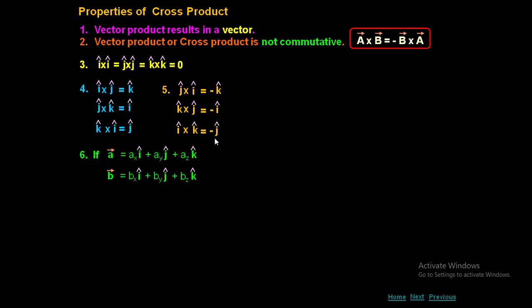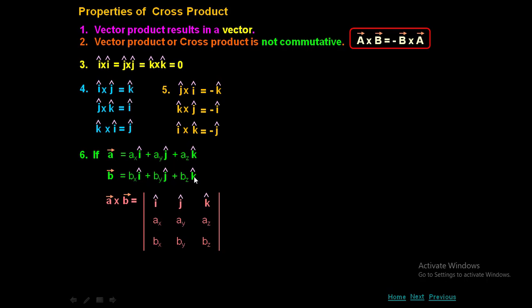If a bar equals ax i cap plus ay j cap plus az k cap, and b bar equals bx i cap plus by j cap plus bz k cap. Now I want to do the cross product, a bar cross b bar. Now listen carefully how to do this. This is a determinant. Keep the determinant. First write i, j, k.